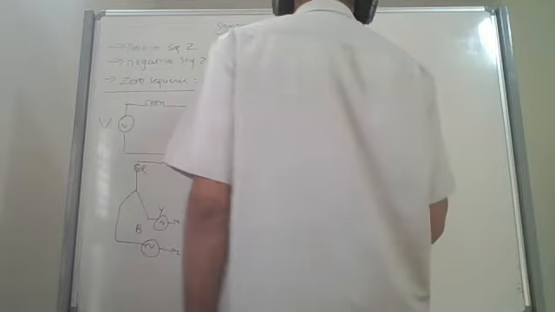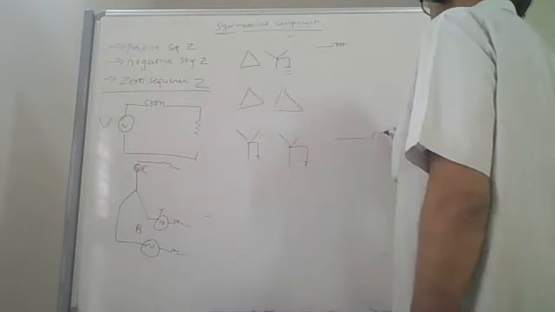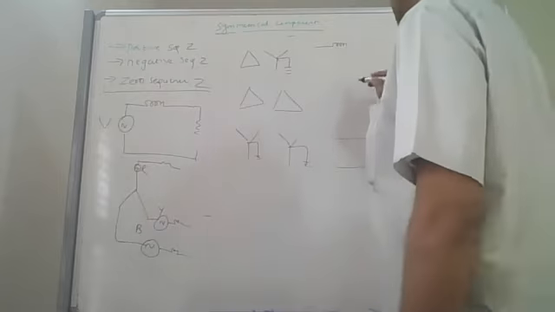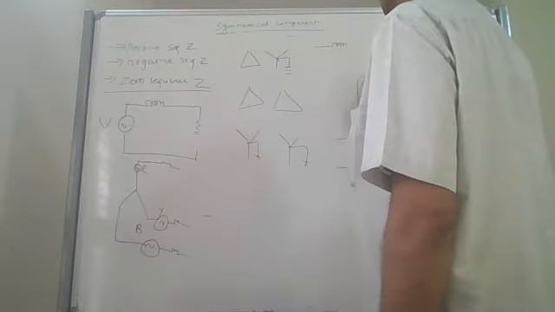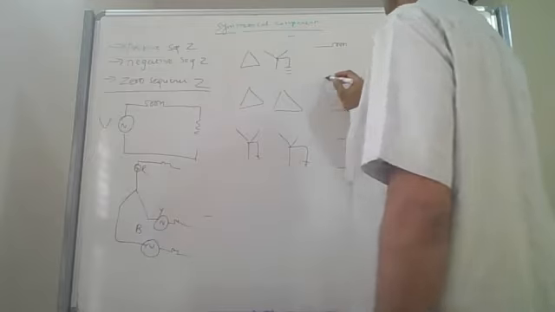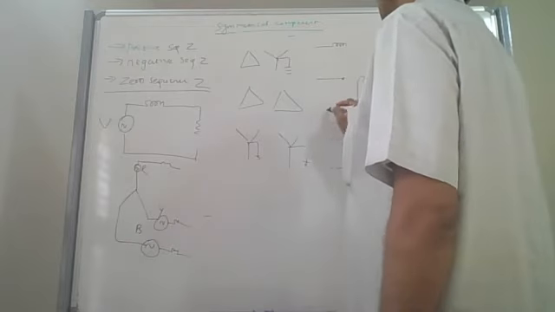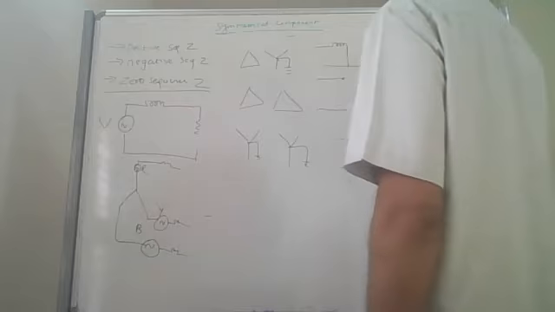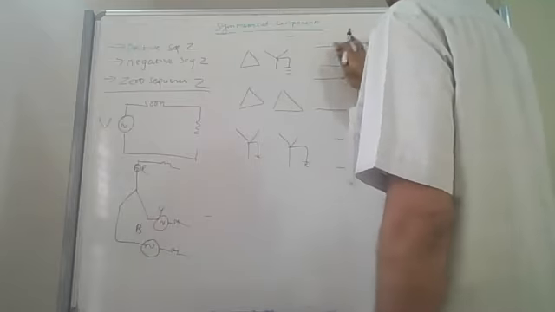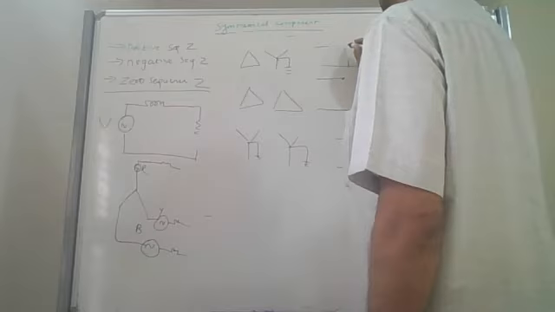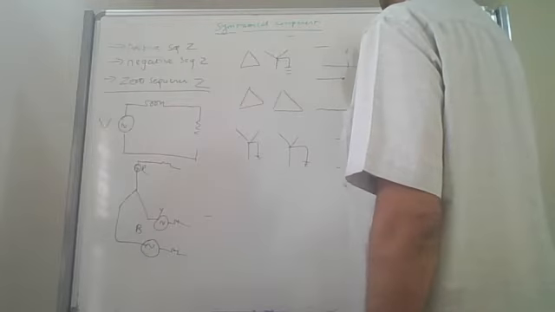For star star grounded, the zero sequence will be like this. For delta delta, it will be like this. And for the other, not like this, it will be like this.